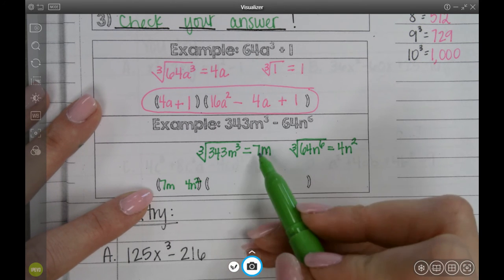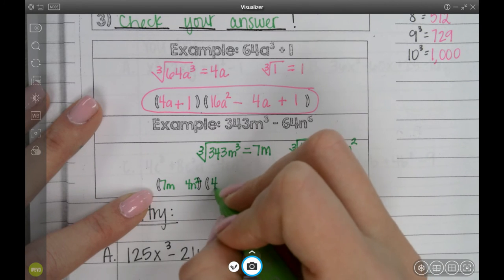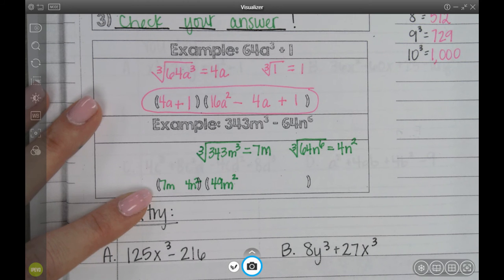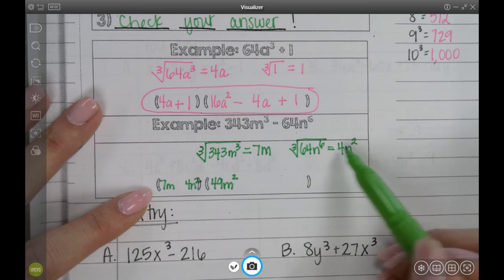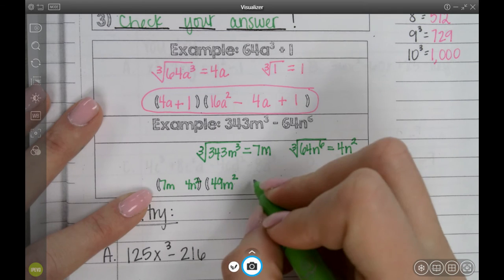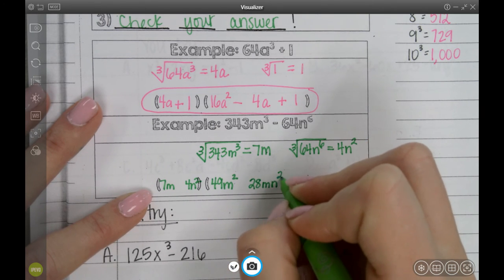First term here is 7m times 7m, which is 49m squared. My middle term comes from these 2 things multiplied together. So 7 times 4 is 28mn squared.